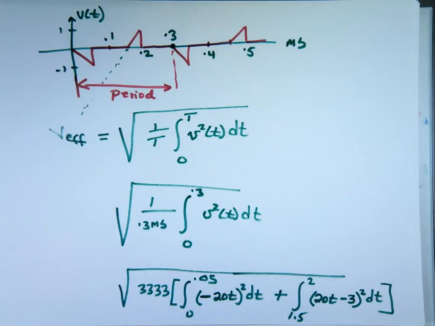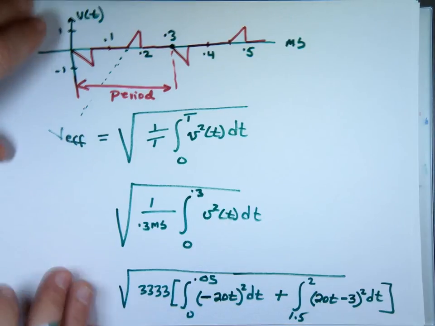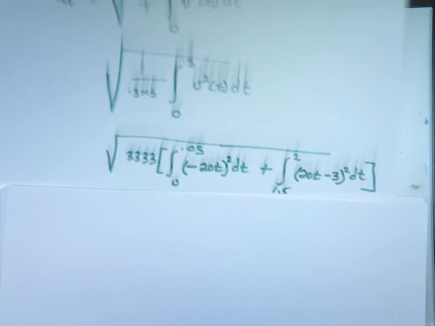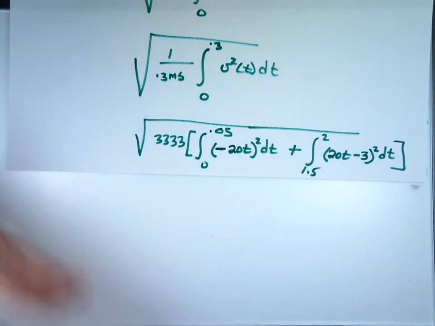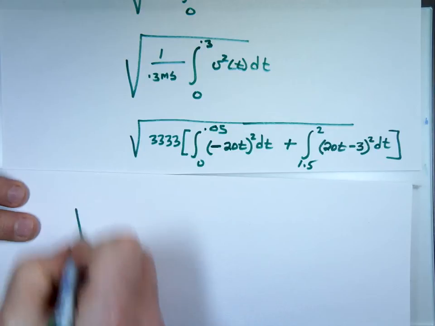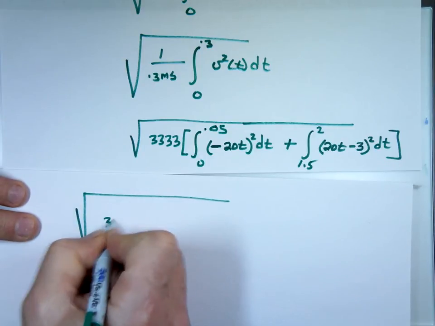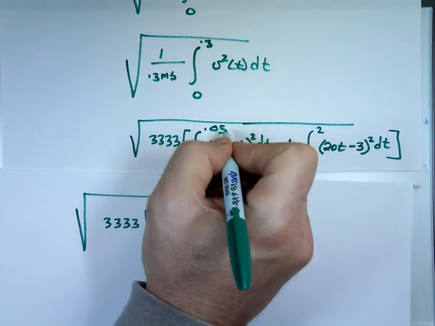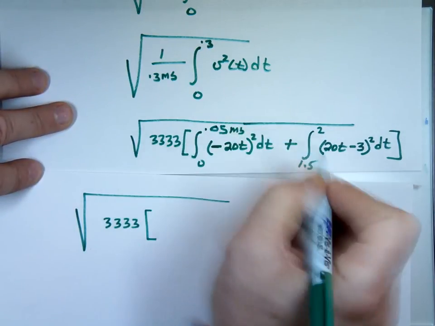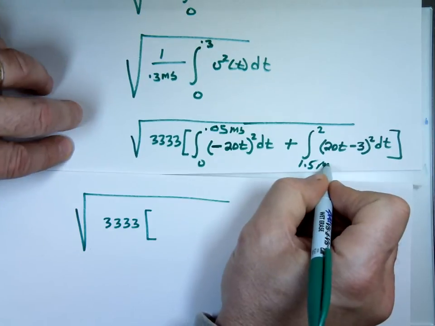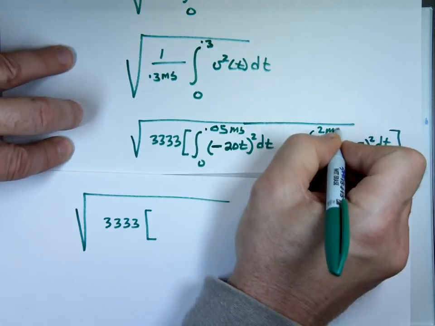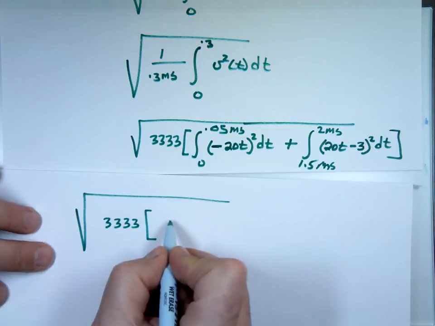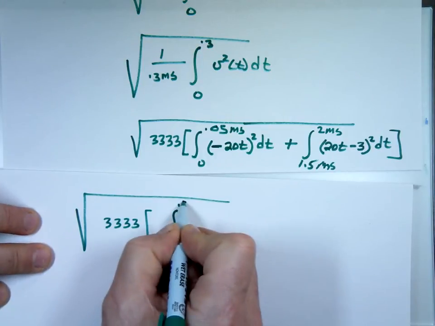And now I've got to go through that and figure out what the answer is. It's not going to be 0.707 times the peak value, I guarantee you that. Remember, these are milliseconds here. So it's going to be from 0 to 0.05 milli.